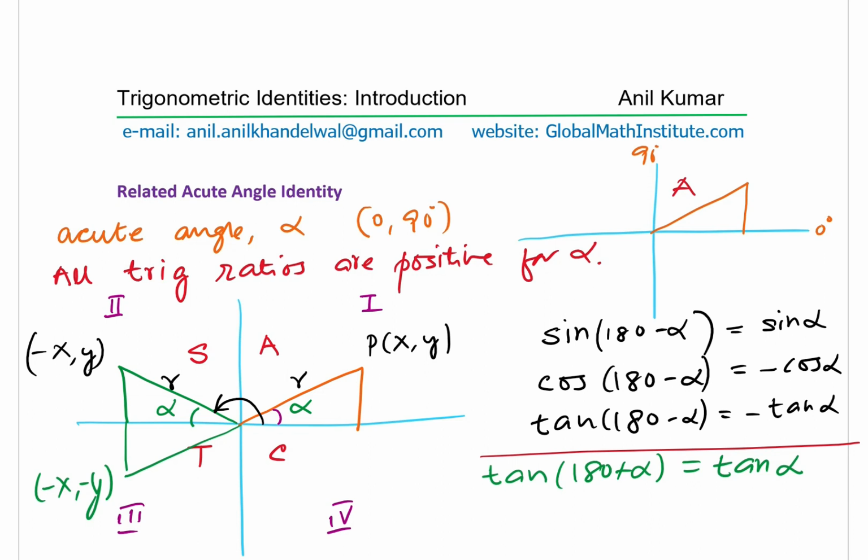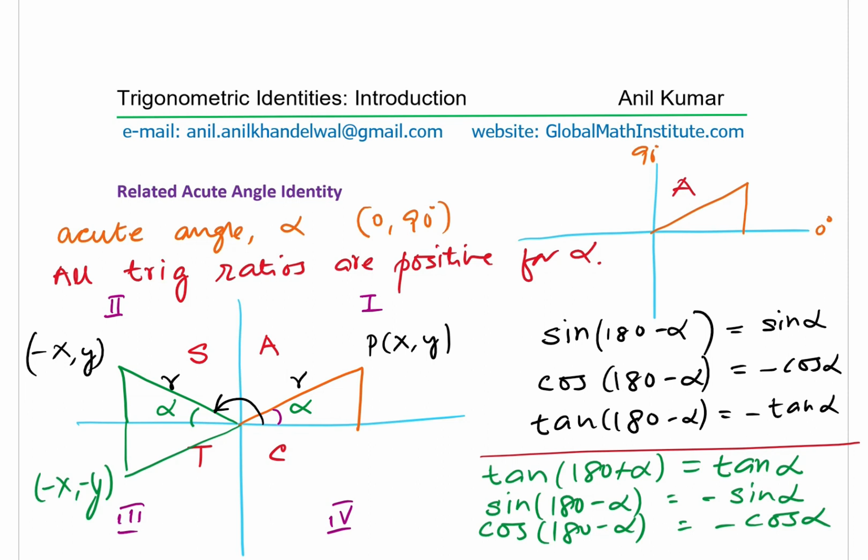However, for sine and cosine, they will be negative. So we have sine of 180 plus alpha as minus sine alpha, and cos of 180 plus alpha as minus cos alpha. So these are your related acute angle identities. Correct. So with this, we have understood many identities.